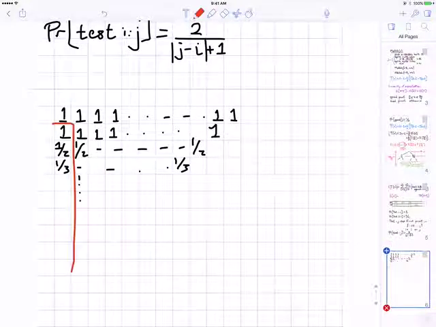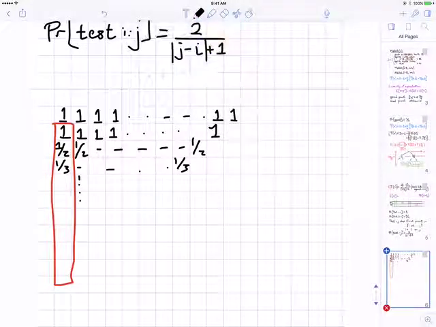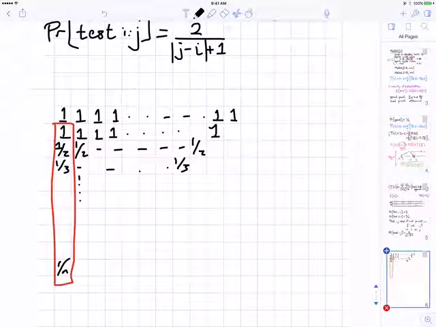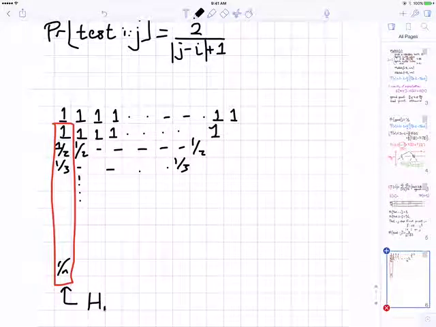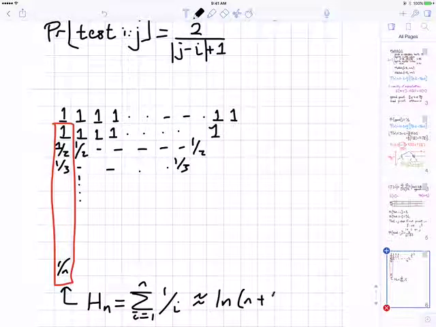What is this? Right? This is a sum that eventually is going to go down to 1 over n. This summation is called the nth harmonic number. I mean, this is the sum over all I from 1 to n, 1 over I. Right? It's about the natural log of n plus 1.